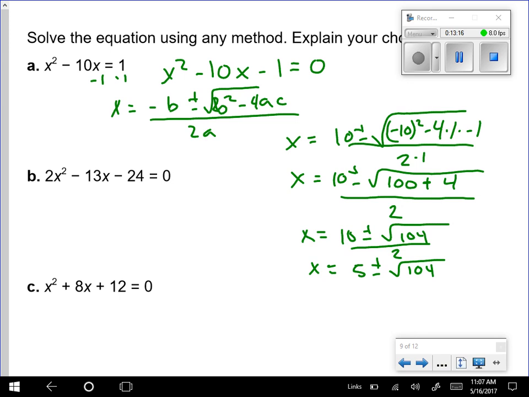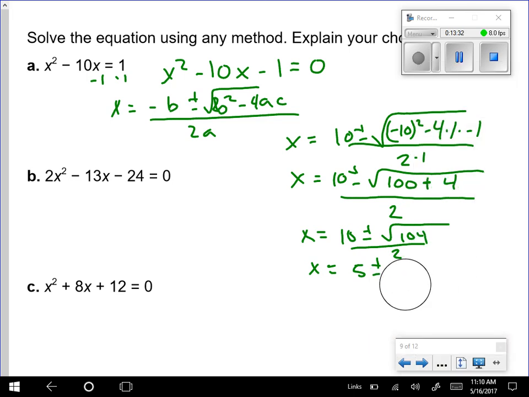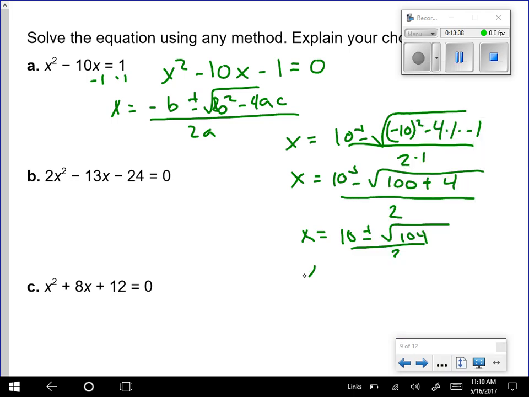And with this, what we have to realize is 104 is not simplified. So I'm actually going to backtrack. I'm going to erase that part here because we want to keep that 2 down there if we have anything else to simplify. So I can simplify 104.